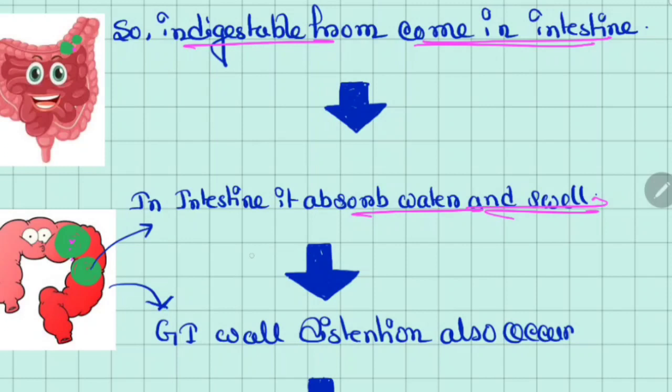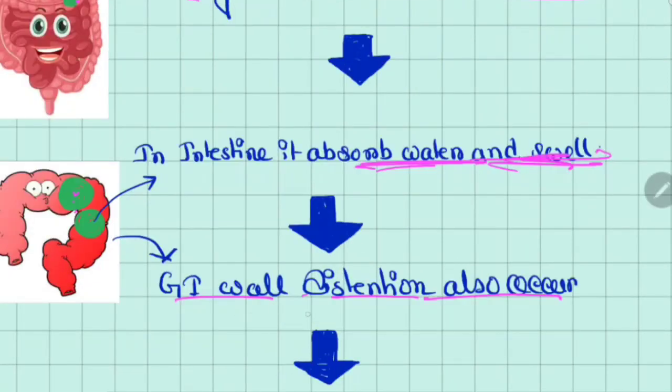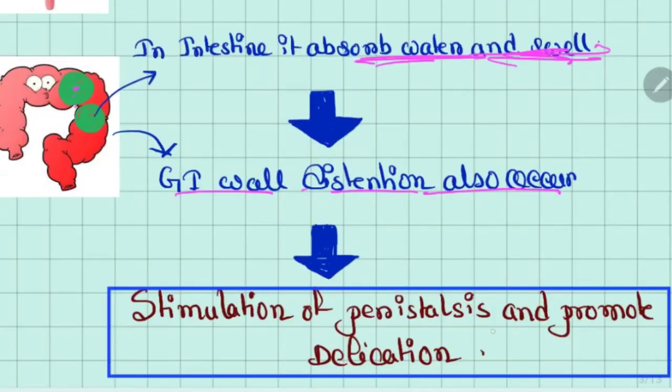When these bulk laxatives absorb water and swell up, GI wall distension also occurs. When the GI wall distension occurs, stimulation of peristalsis also occurs, and that promotes defecation of the stool.